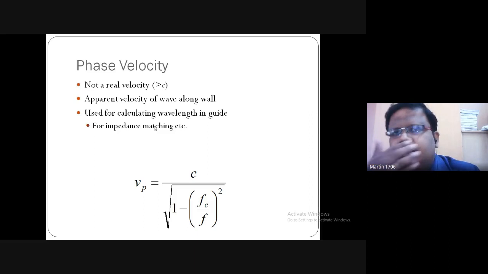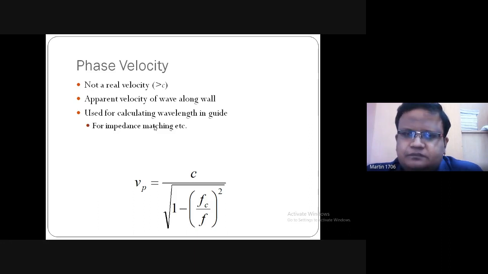This velocity component is equivalent to the velocity of light. Everyone is aware of the velocity of light: it is 3 into 10 to the power 8 meter per second.